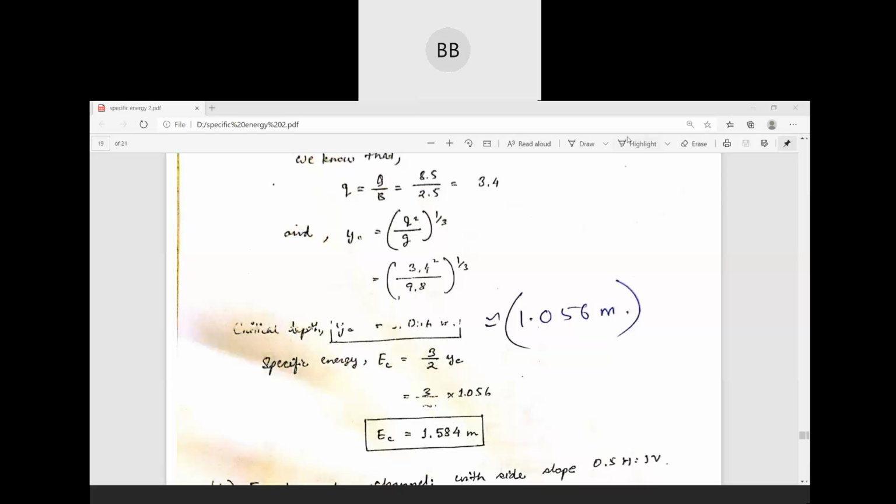YC for rectangular channel, you are going to get almost 1.